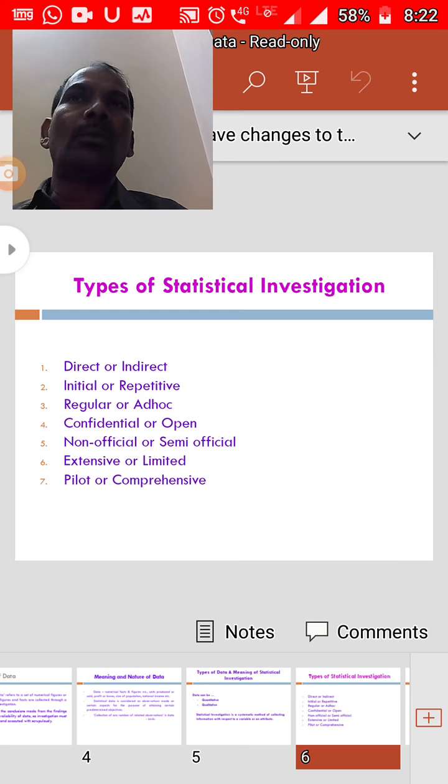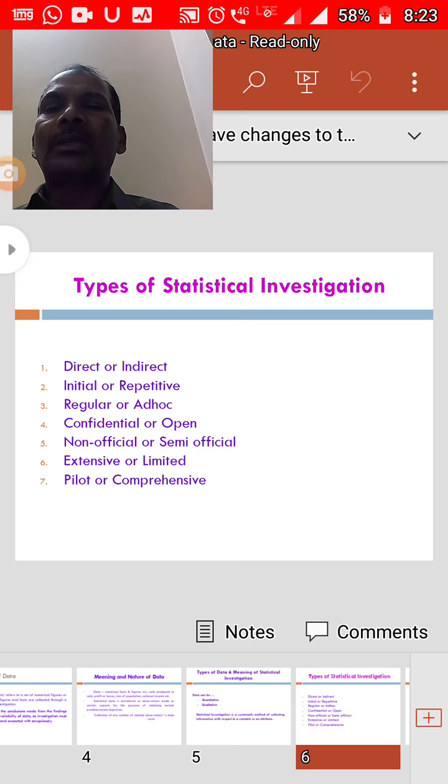For example, if the government wants to collect data regarding the population or conducts a socio-economic survey, as citizens of India we need to abide by the rules and regulations framed by the government, and it may be compulsory to provide the information. Since the government can afford to spend huge amounts, the scope also will be wider in nature.